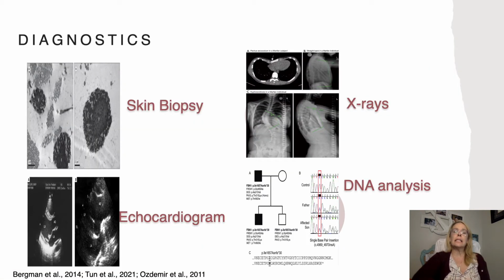So diagnostically, what are we looking for? We can do a skin biopsy to evaluate the microfibrils, which you can see in this first picture up on the top. This picture was done by an electron microscope. You can see normal collagen fibrils depicted as C in this picture.